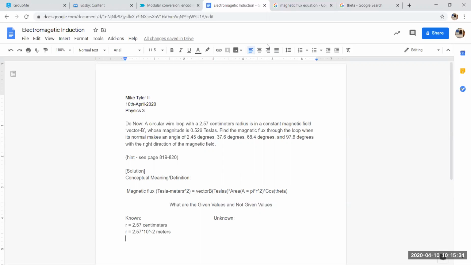Moving on, what else are we given in the problem? We have our vector B, or our B field as a vector. So vector B is equivalent to, and it says it in our problem set, 0.526 Teslas.